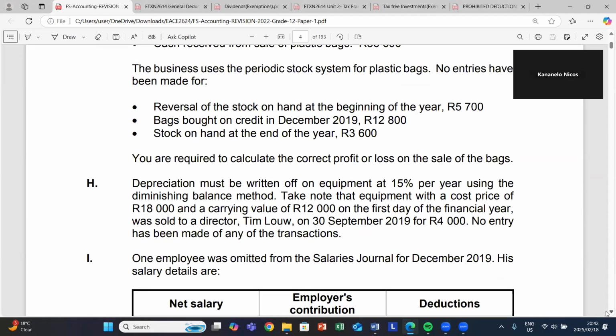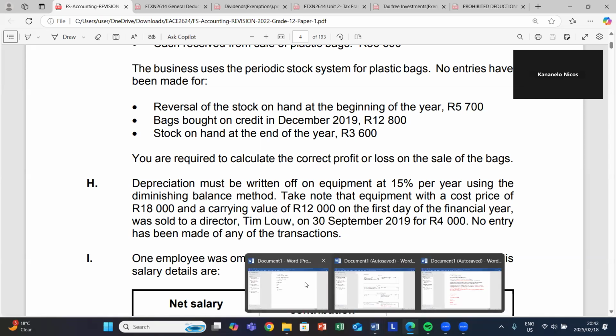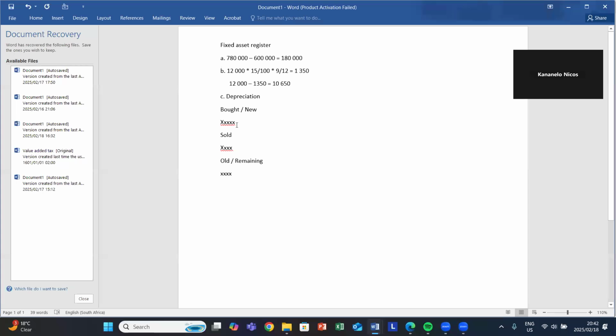If ever you do not buy any equipment, it simply means that the depreciation for bought will be zero.